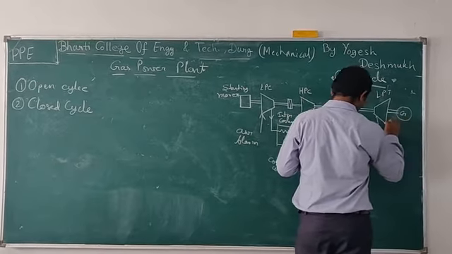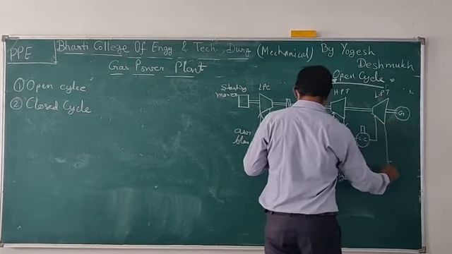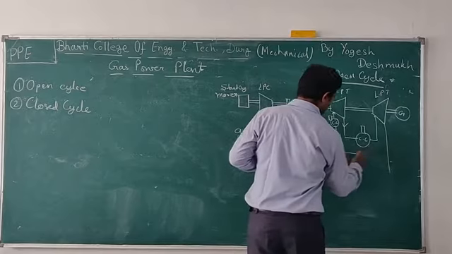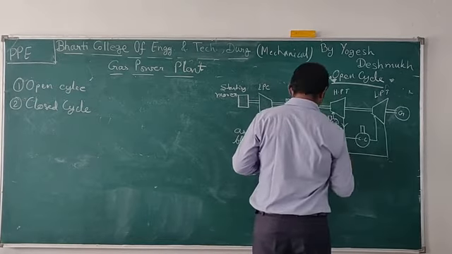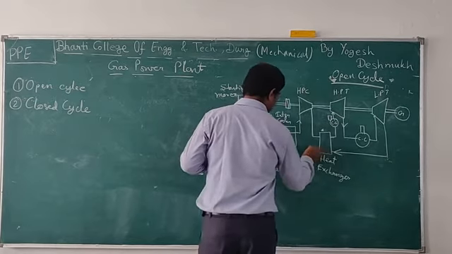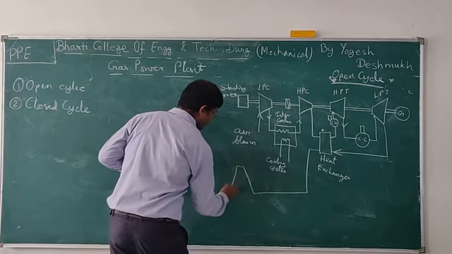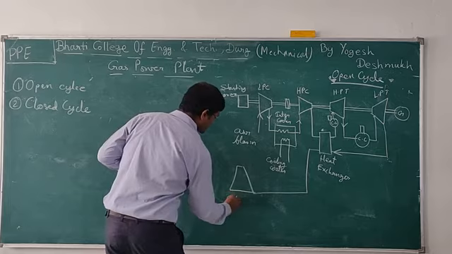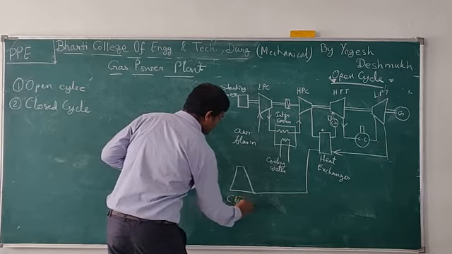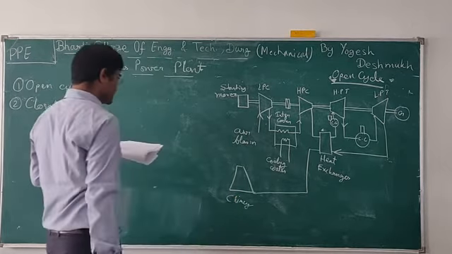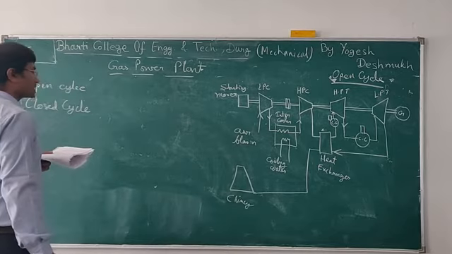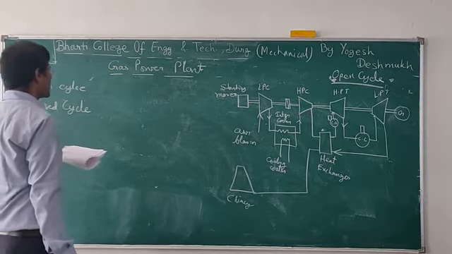After moving the generator, it leaves and enters the heat exchanger. Then after the heat exchanger, it leads out to the chimney to exhaust. This is the open cycle gas power plant.